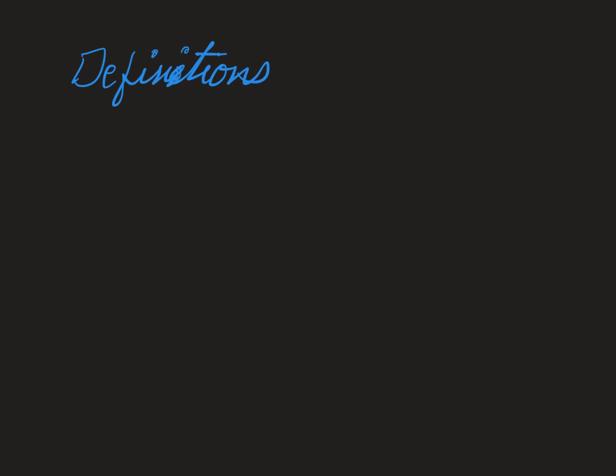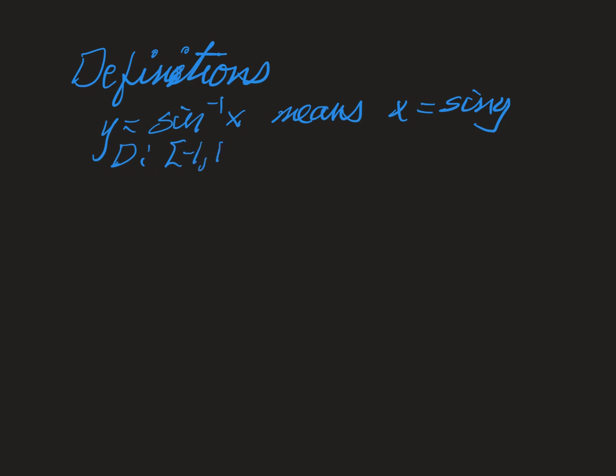So what we can do now is write the definitions. y equals the inverse sine of x means x equals sine of y, with the domain equal to -1 to 1 and the range equal to -pi/2 to pi/2. And then we can do the same thing for inverse cosine and inverse tangent.